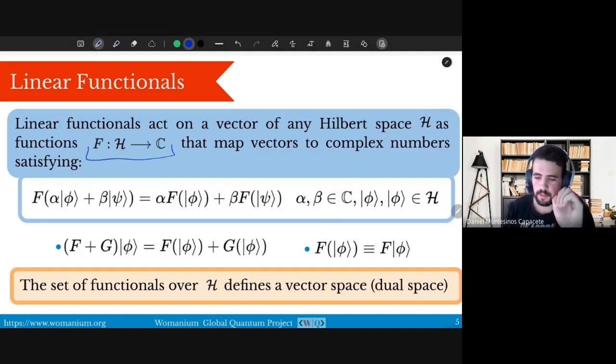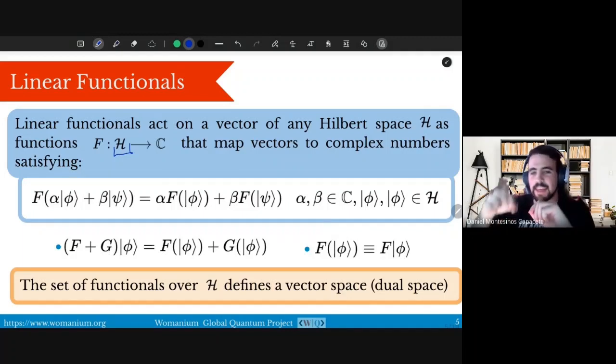A function that takes one vector out of your Hilbert space and gives you a complex number. That is going to be your functional. It's just a function that takes a vector and gives you a complex number. That would just be a functional, right?